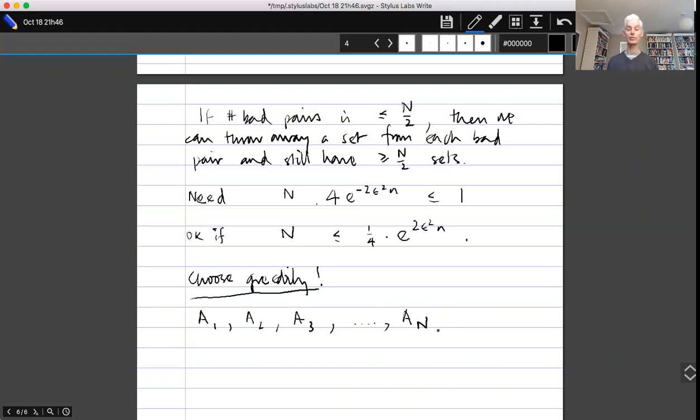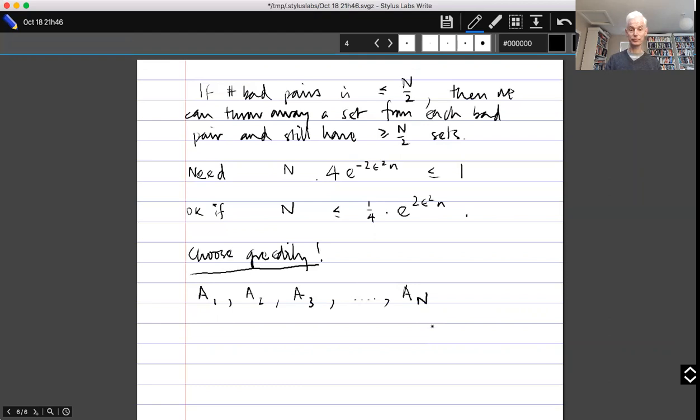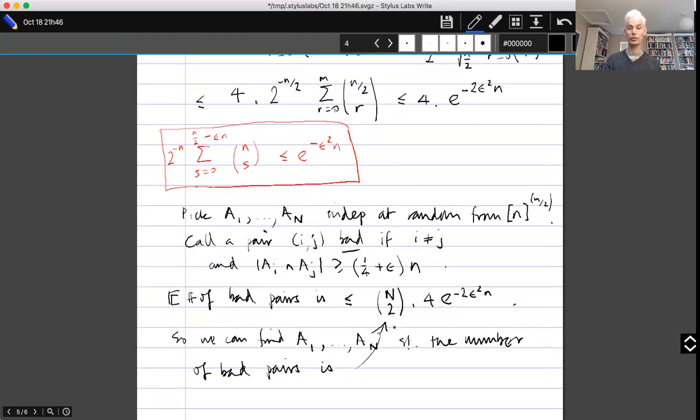Now, what can I say about the point where I get stuck? Well, each A_i rules out how many sets? At most... let's go and see.